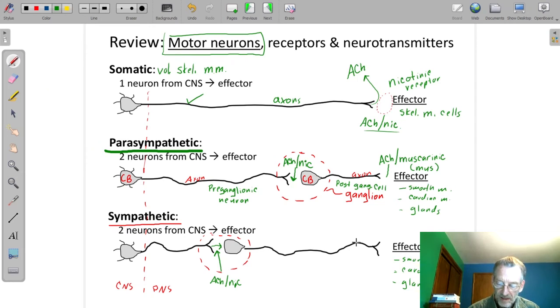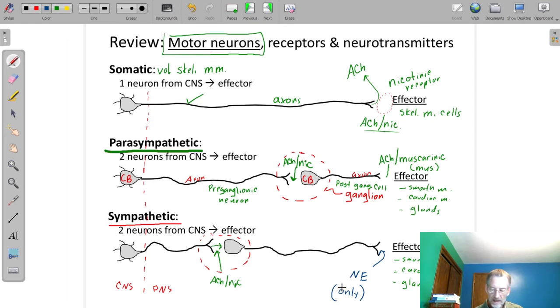The postganglionic neuron is releasing norepinephrine. I'm going to abbreviate that as NE. So not epinephrine, it's just norepinephrine only, from sympathetic neurons.